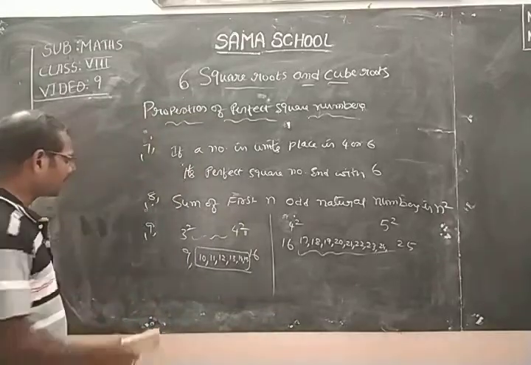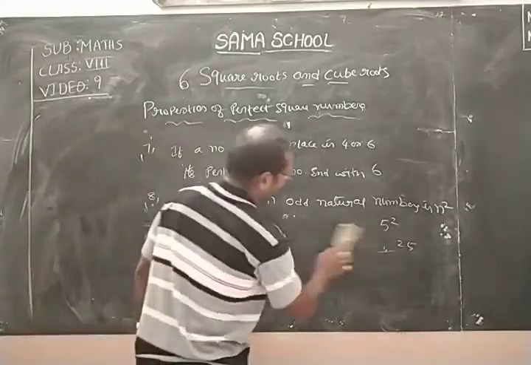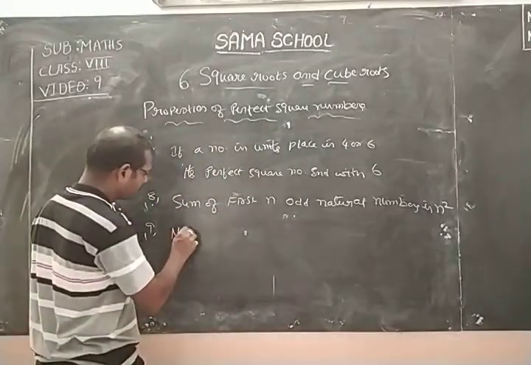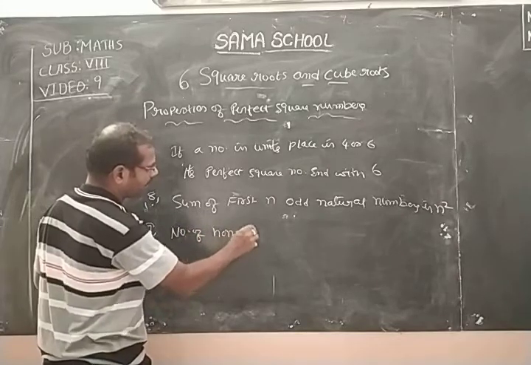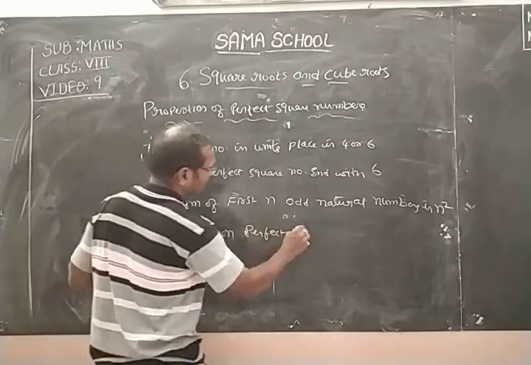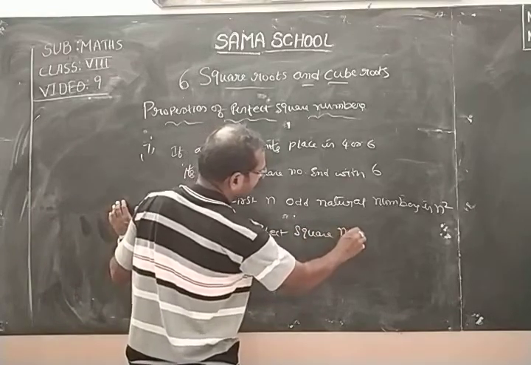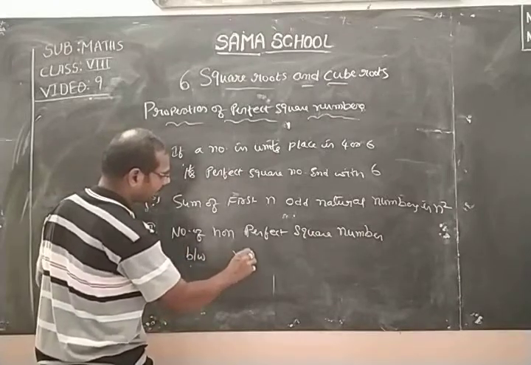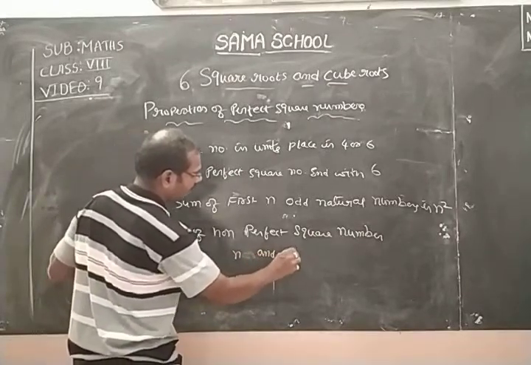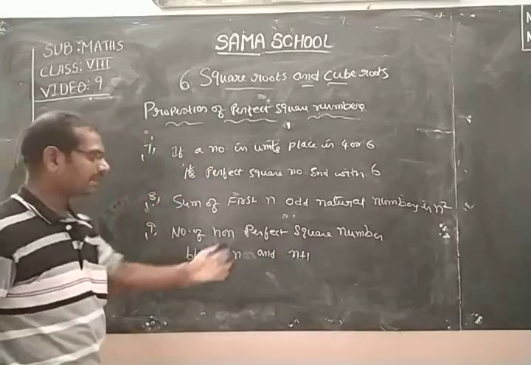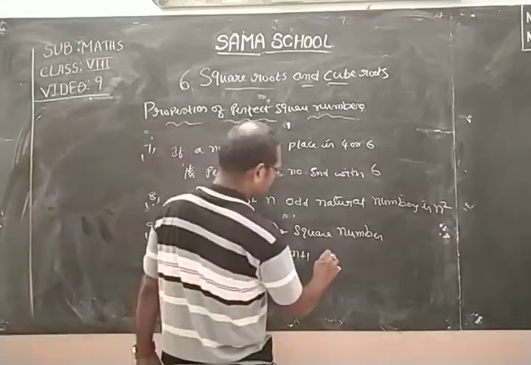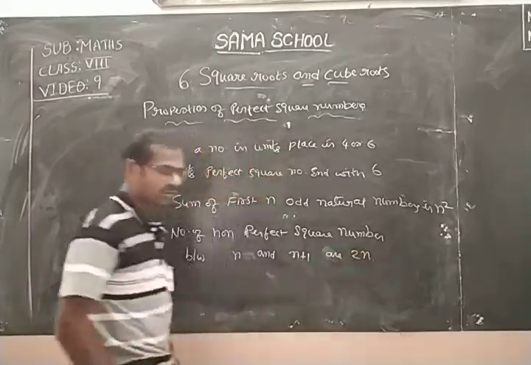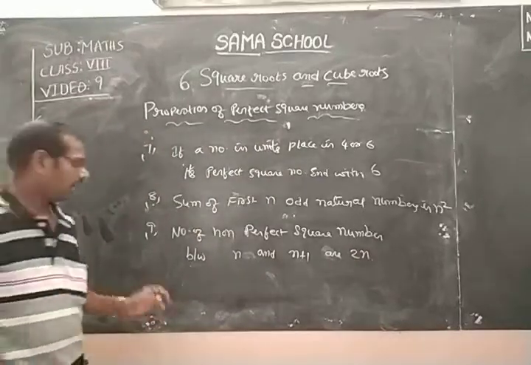Now I am writing this point clearly. The number of non-perfect square numbers between n square and n plus 1 square, where the next number is n plus 1, is 2n.